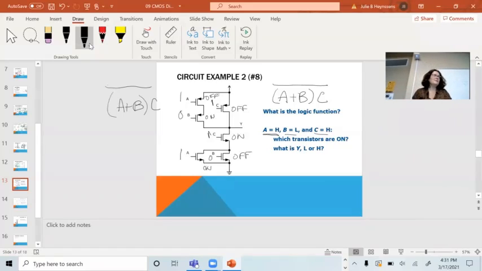Now, to figure out if the output is high or low, I'm looking for a low resistance path to ground or VDD through on transistors. Looking from Y, I've got a low resistance path through C, and I have a high resistance path through B, but I can bypass that and go through transistor A. So my output is going to be low.